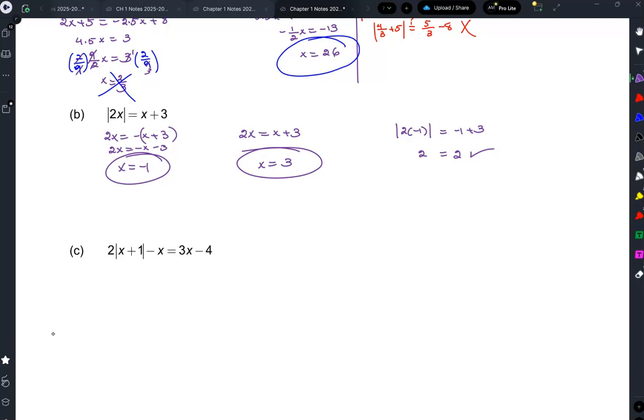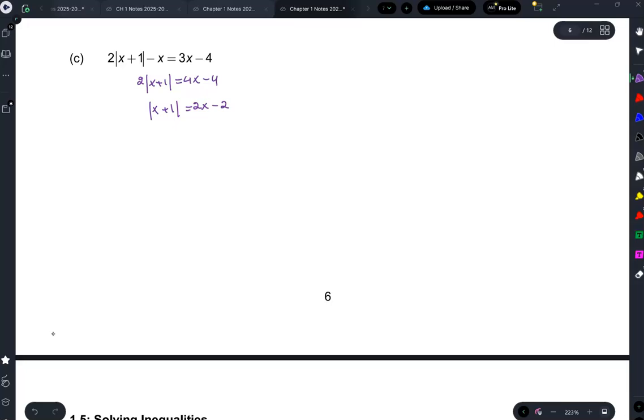So when we isolate, what do we get? We get the absolute value of 2x plus 1 is equal to 4x minus 4. X plus 1 in absolute value equals 2x minus 2. Now I can split this.